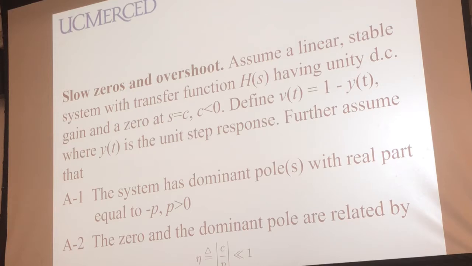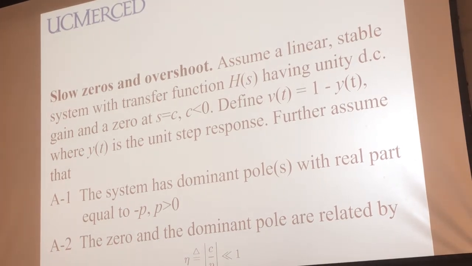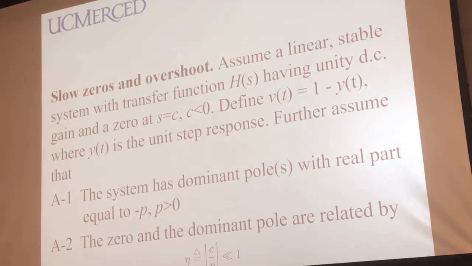Let me skip these two. If you have a zero, what do we mean by slow zero or fast zero? That's how far away it is from the imaginary axis. We'll assume the DC gain is 1, so when s is 0, G is 1.